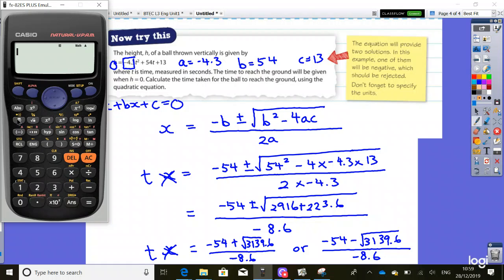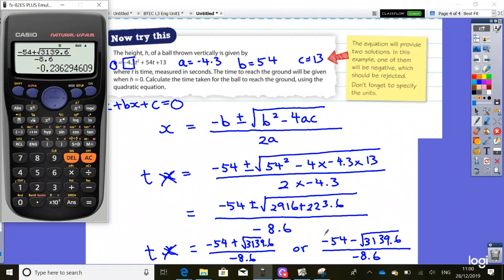So let's put a fraction, and then we add the square root of 3139.6, and then over minus 8.6. I forgot about this: because this is going to be positive and that's negative, the answer is going to be negative.